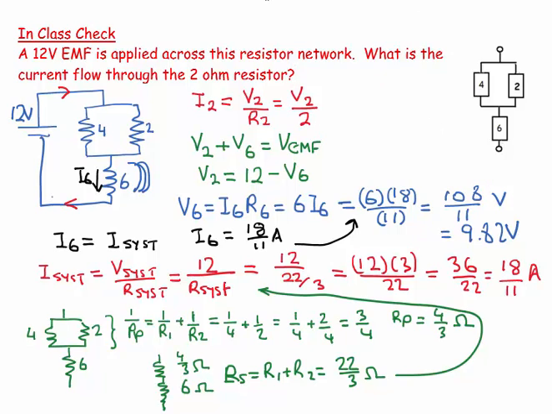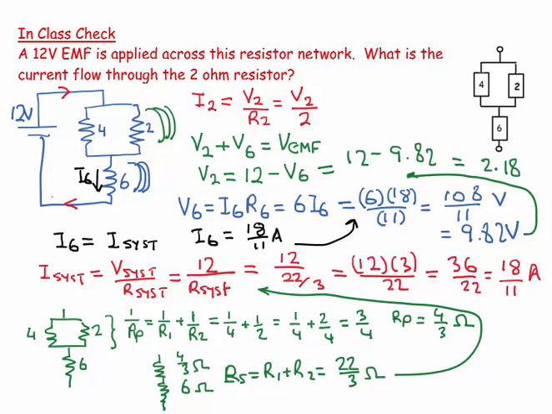So now we take this and we kick it round here, and so our voltage drop across the 2 is going to equal 12 minus 9.82, which equals 2.18 volts.